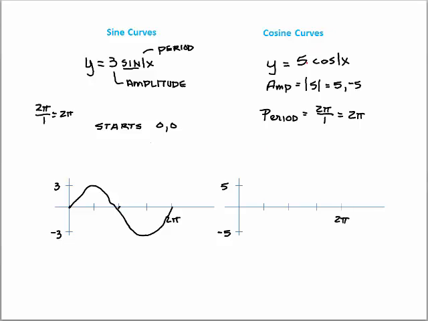Now in this case it's a positive 5, so we want to start at positive 5, and halfway again is here. So let's see if we can draw this curve.